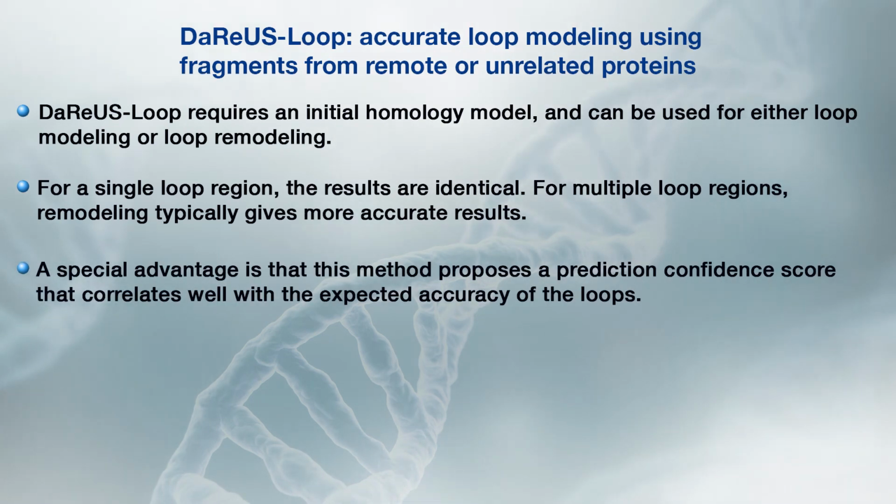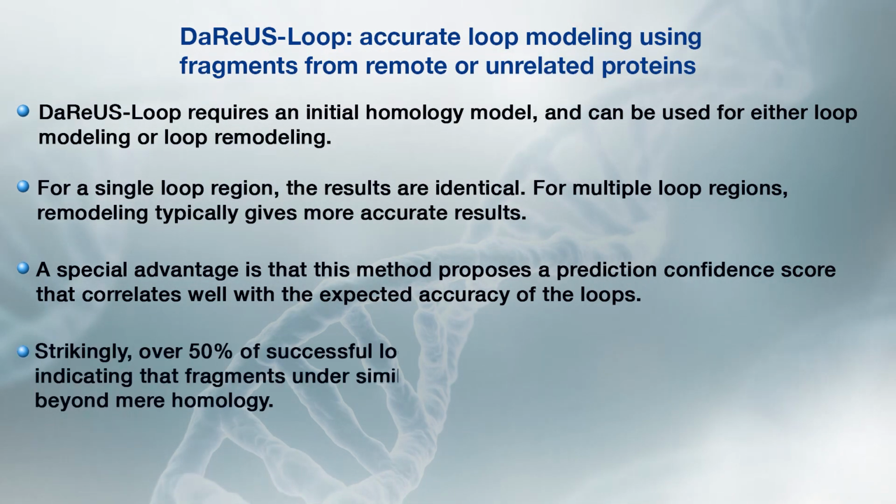A special advantage is that this method proposes a prediction confidence score that correlates well with the expected accuracy of the loops. So, it takes up the scoring method approach.